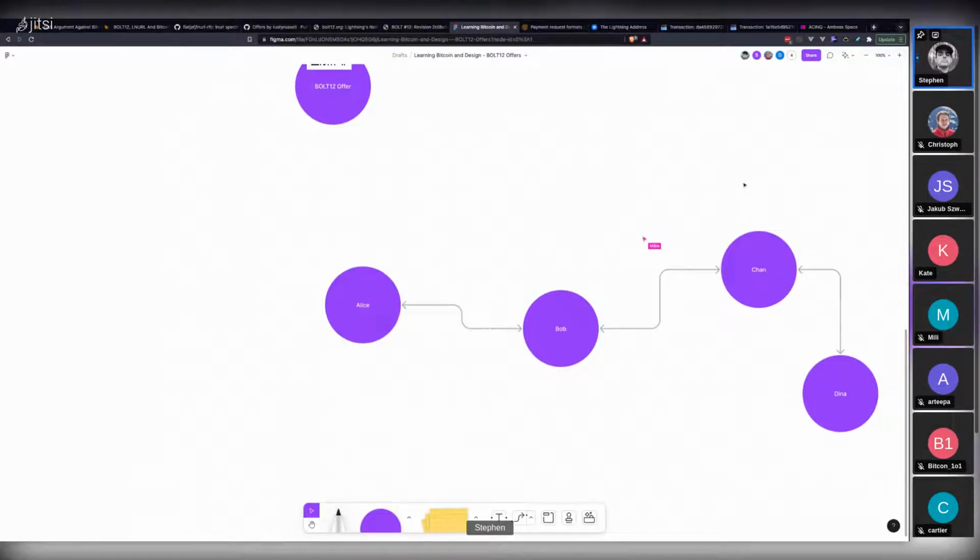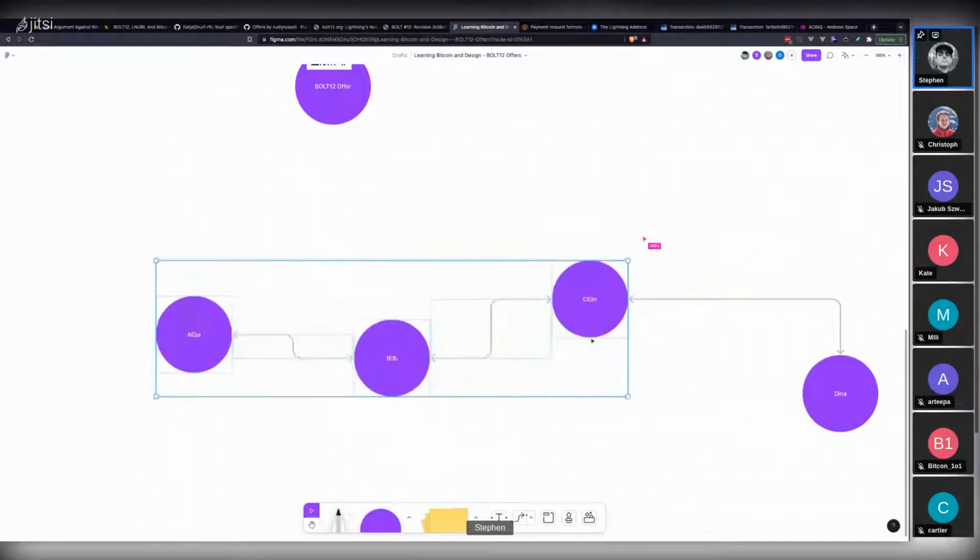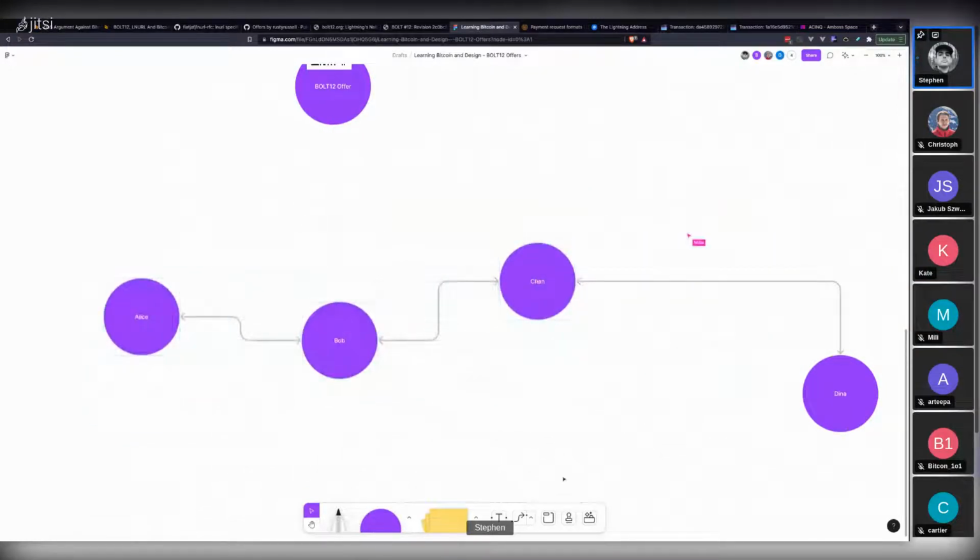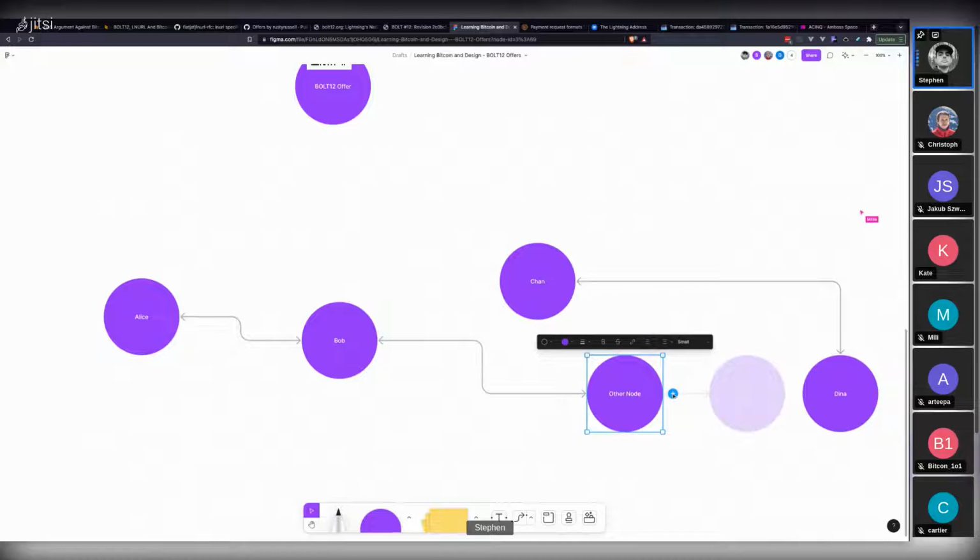I want to say it operates something like this: your offer would have some reference to another node that's not you, and if someone were routing the payment, it would go through this other node and then get passed on to you.